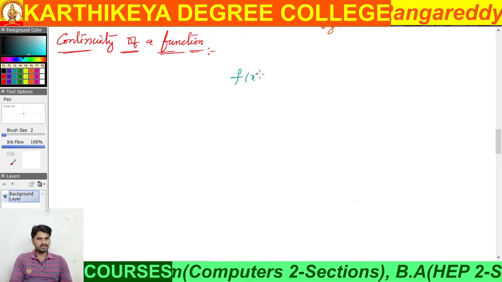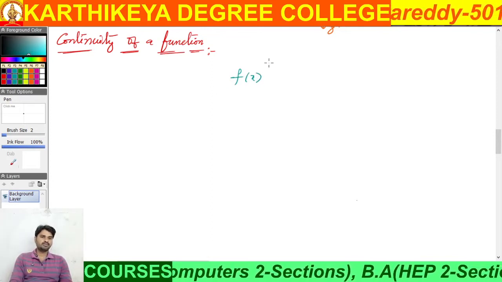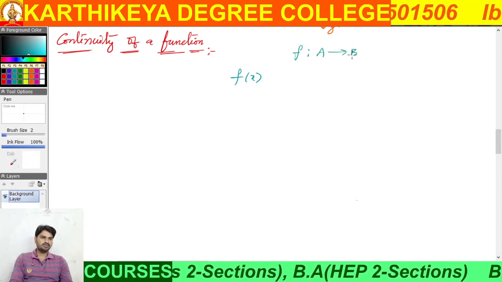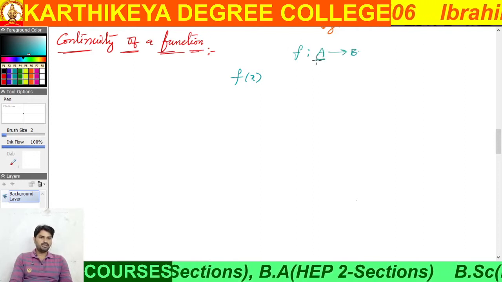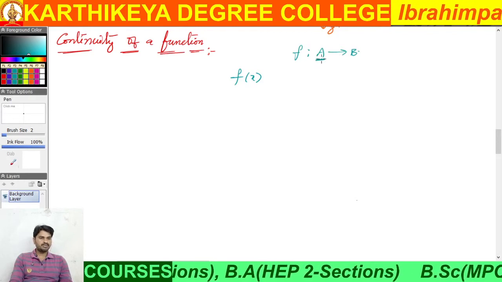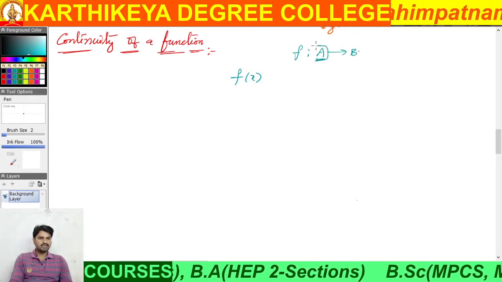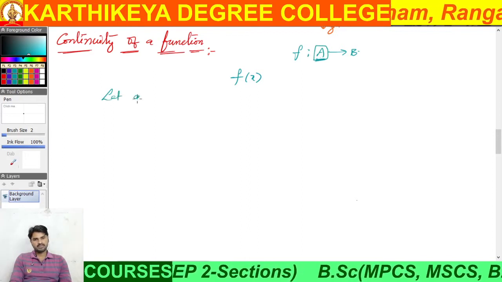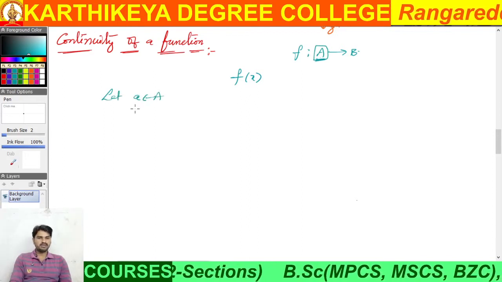Suppose f of x is a function in one variable and its domain is, suppose I have taken a to b here. So first of all you need to take a point in the domain. Let this be the point A in the domain.